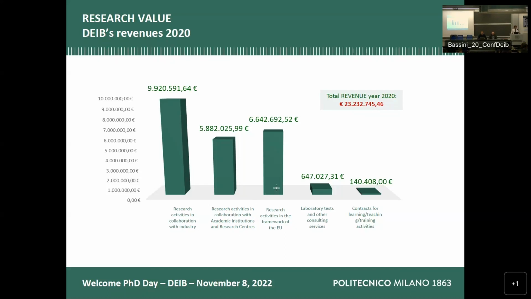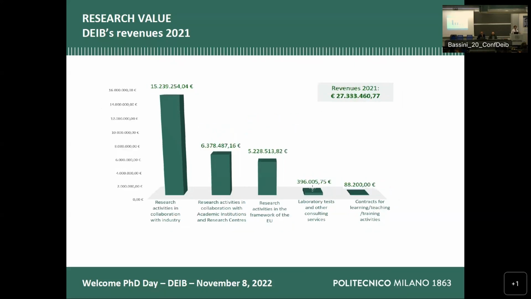Research with European projects, we are very active in research with the European Commission, and also other minor activities related to laboratory tests and consulting services, and also some contracts for learning, teaching, and training activities that we make in collaboration with companies that contact us to make training activities for their employees.